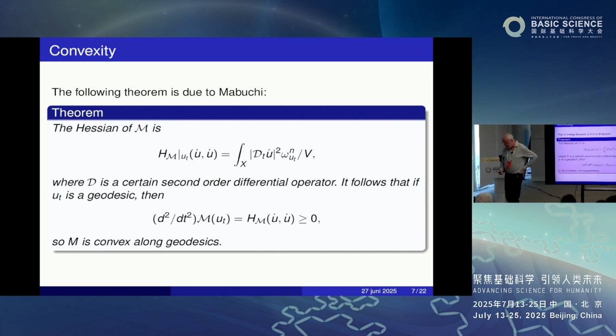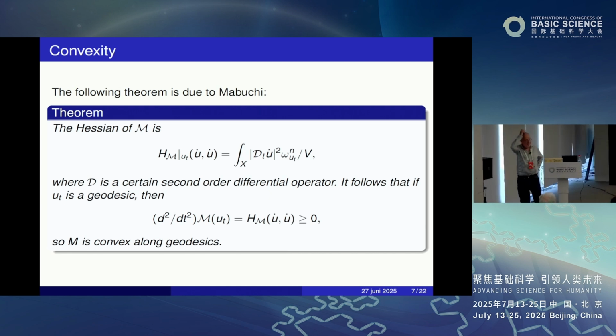And that fits even better with the picture I had before, as explained by Thomas Darvas in his lecture: if you want to find critical points, it's very nice to have a convex function. In order to prove that there are metrics of constant scalar curvature, you want to prove a certain properness of this function, and then it's good to know that it's convex, and the same thing goes for uniqueness of such things.